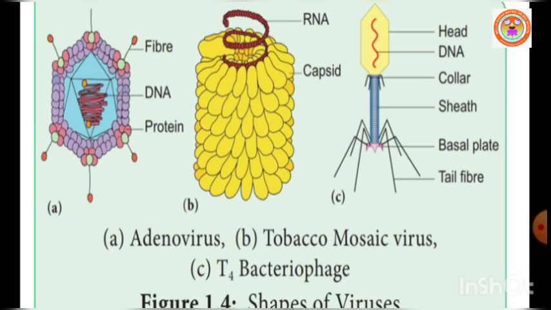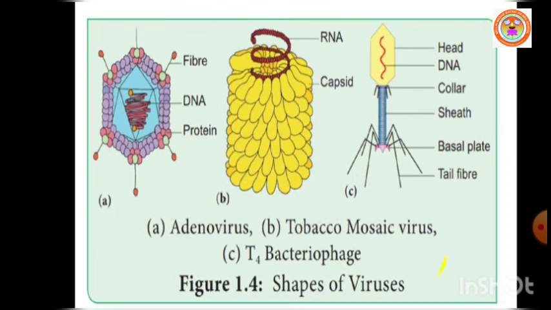The yellow structures you see in the tobacco mosaic virus are protein subunits, capsomeres. Adenovirus shows cuboidal symmetry. Complex symmetry you can see in the T4 bacteriophage, which is tadpole shaped. Tobacco mosaic virus is cylindrical in nature. So now you might have understood the various shapes and symmetry in viruses.